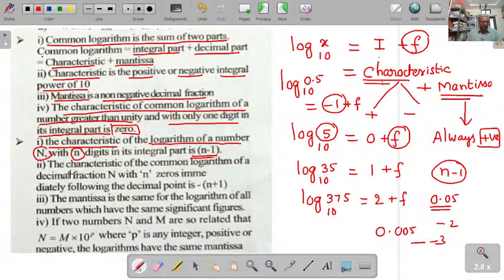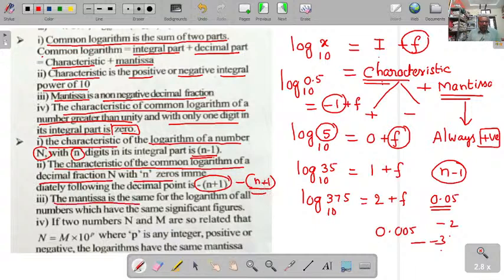So that means the characteristic of a common logarithm of a decimal fraction with n zeros immediately following the decimal point is minus of n plus 1. Here 2 zeros means minus 3, 1 zero is minus 2, no zero means minus 1. You remember like this: when the number is a decimal fraction, you will be getting a negative characteristic.